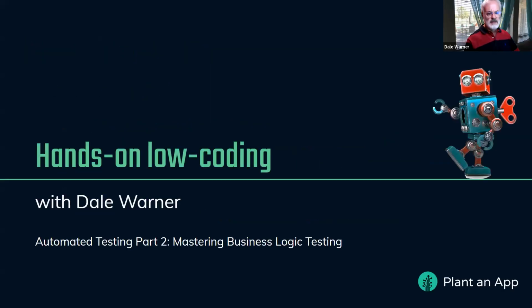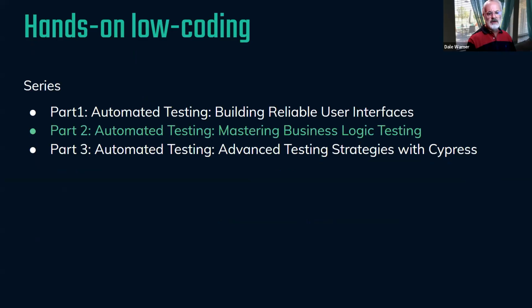And we move on to our low coding for today. Our part two is mastering business logic. This whole series is automating testing. So last time we talked about how to get tests to see that a form, maybe a very complex form, submits the same fields, submits the same data, and testing that it is reliable.